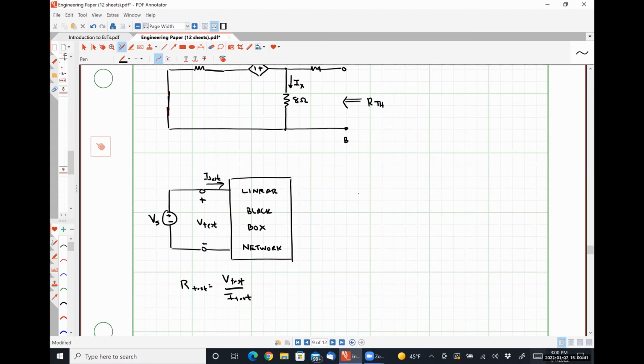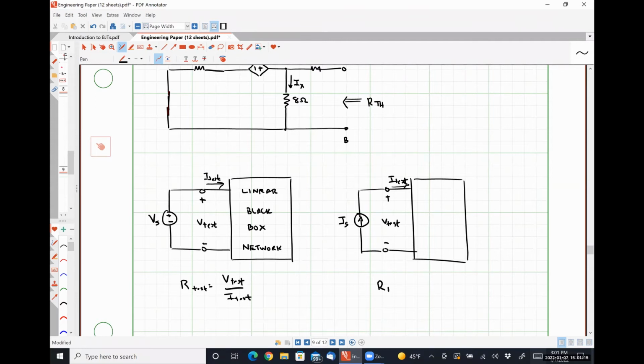We could do something very similar, where instead of applying a voltage source, we could instead apply a current source, and determine those same two quantities. So we have our same black box network. We found the voltage drop across the terminals. We test the current flowing into the network, I test.